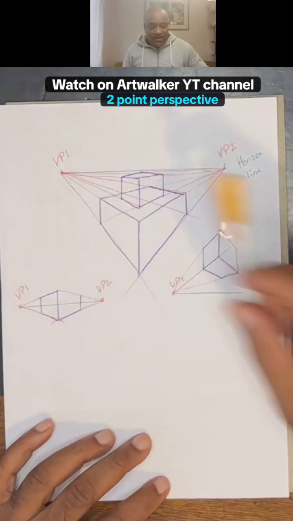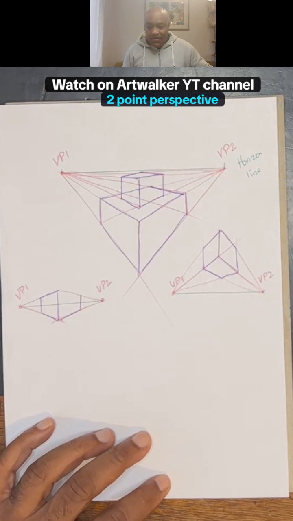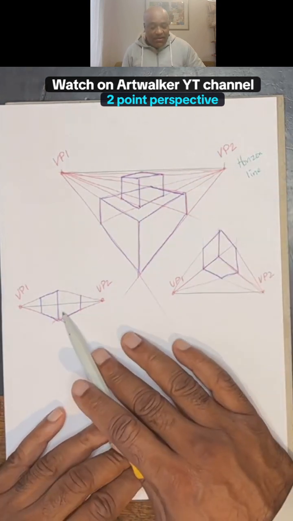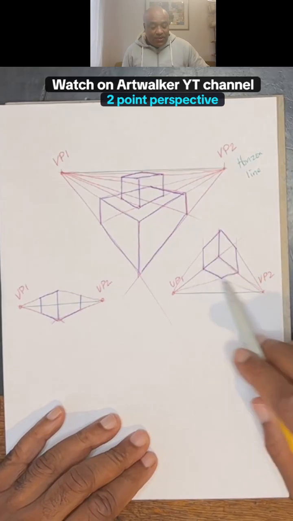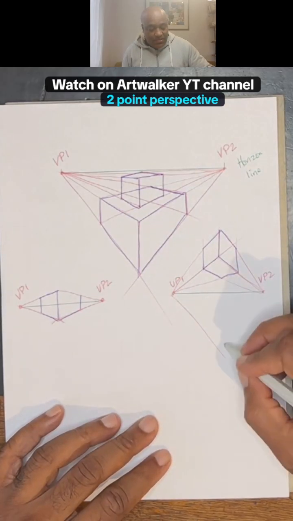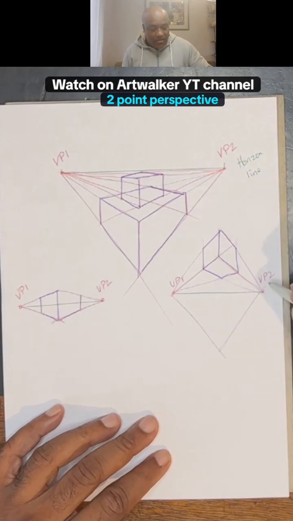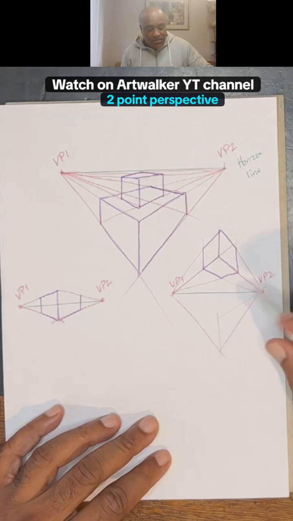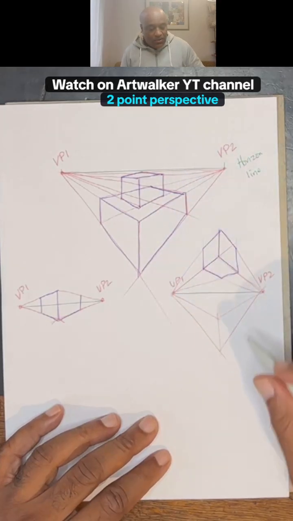So now let's keep going. Let's not digress. So look at this. I'm going to combine this box here with another box underneath. Same principle, always working with my vanishing points. Corner to corner.